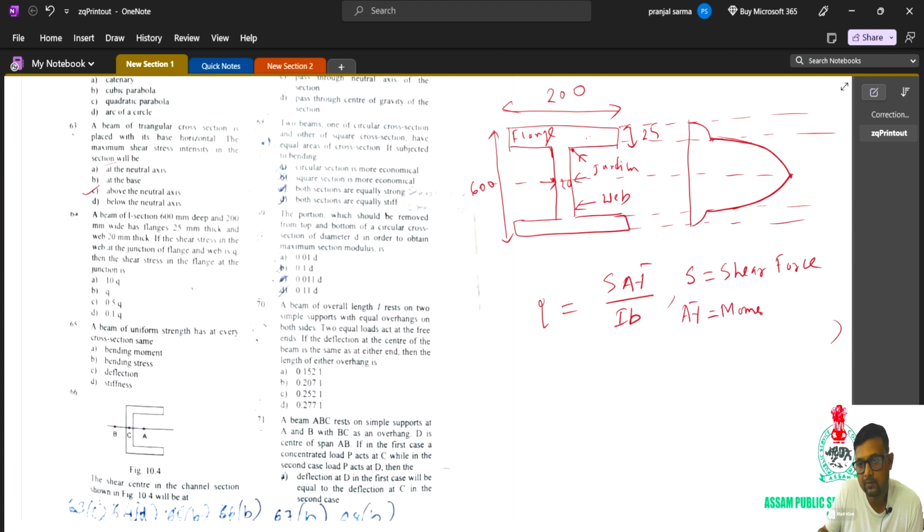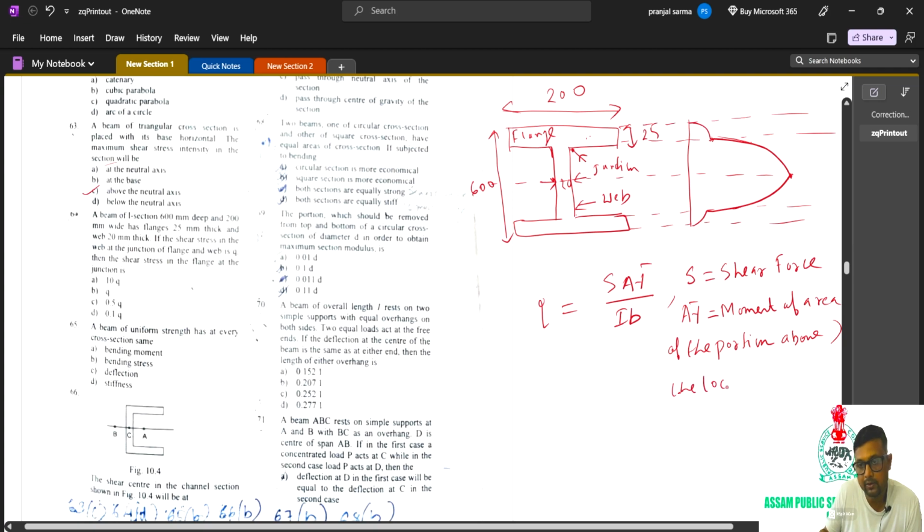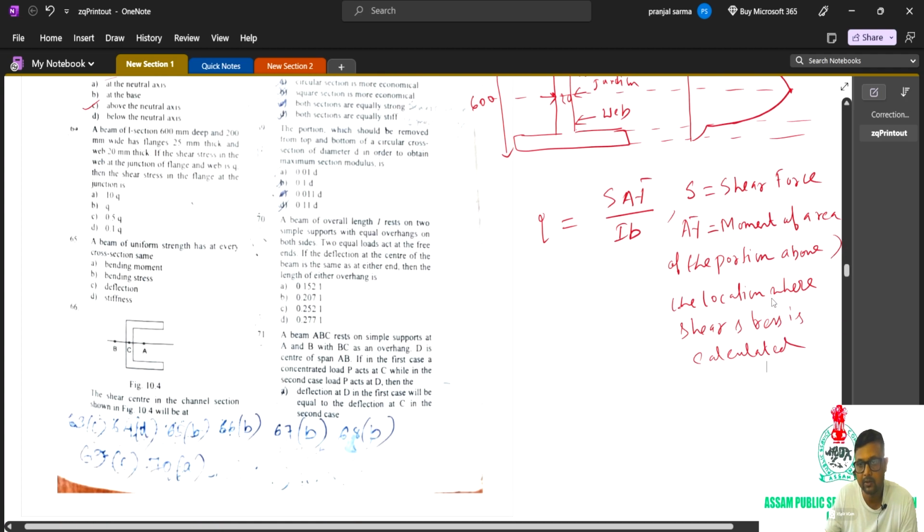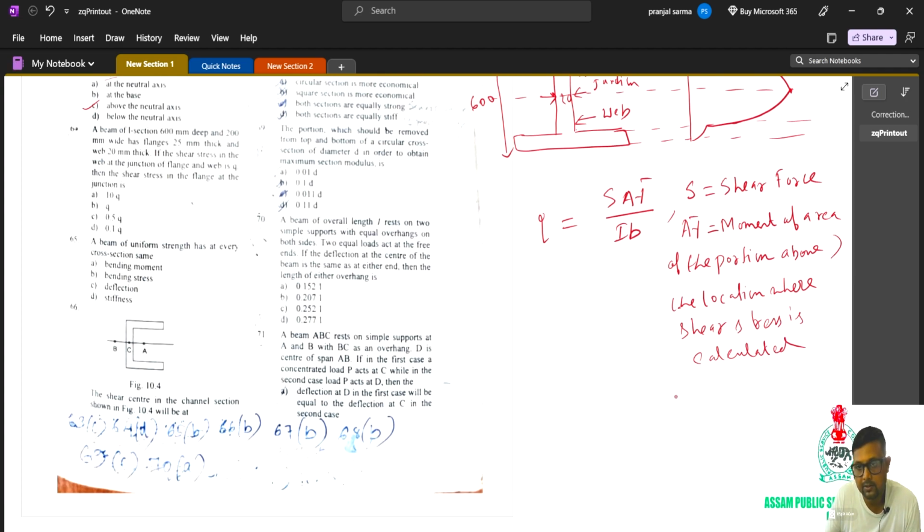Moment of area of the portion above the location where shear stress is calculated. Okay, calculated. What is I?